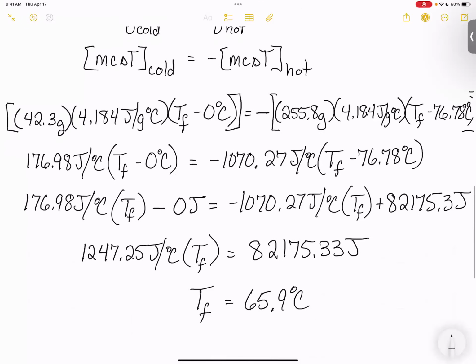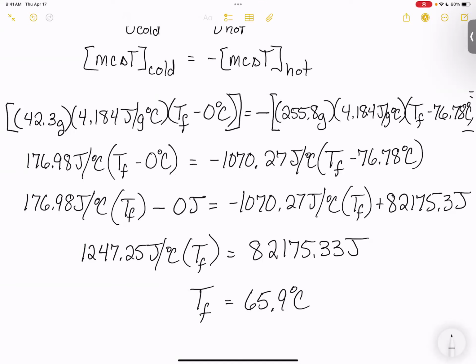I then rearranged this equation so like values were on the same side. In other words, I moved this negative 1070.27 times T final over to the left-hand side. And since this was negative, when it moves to the left-hand side, it becomes positive. So that's why it's a positive 1247.25.